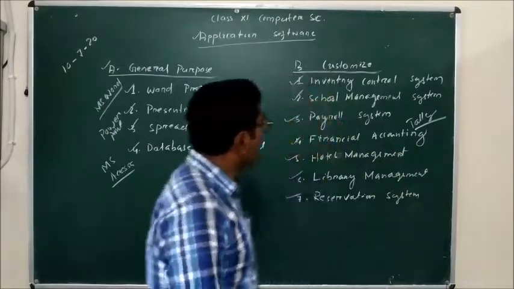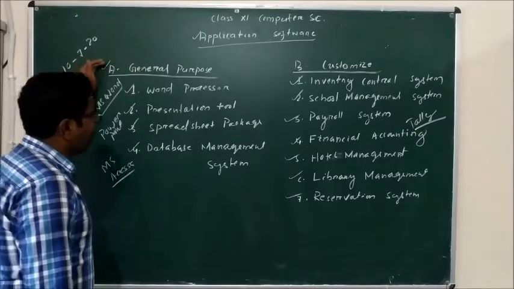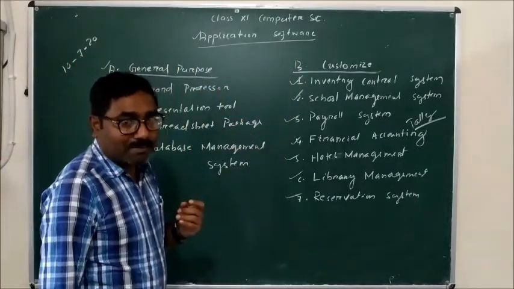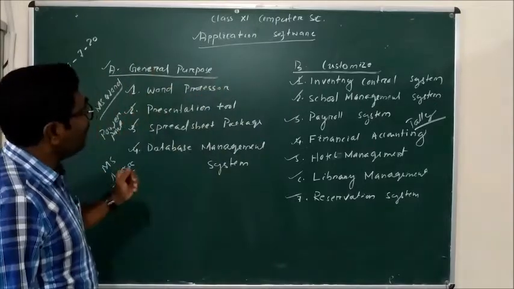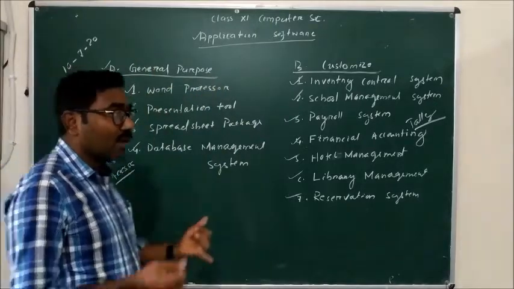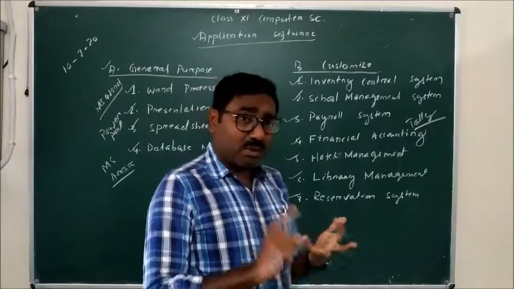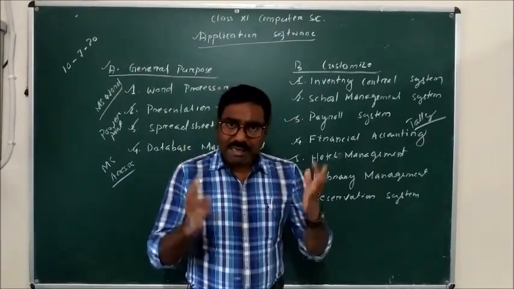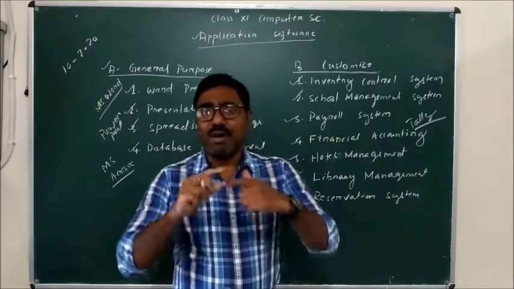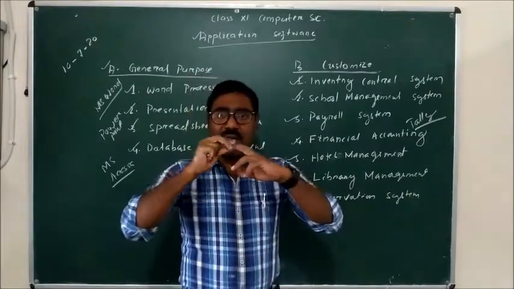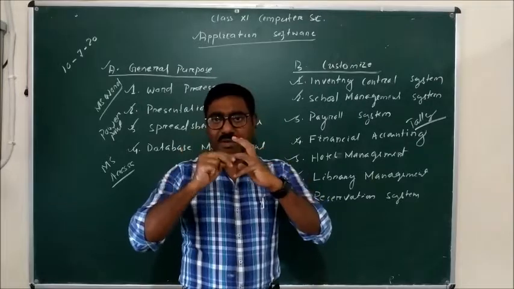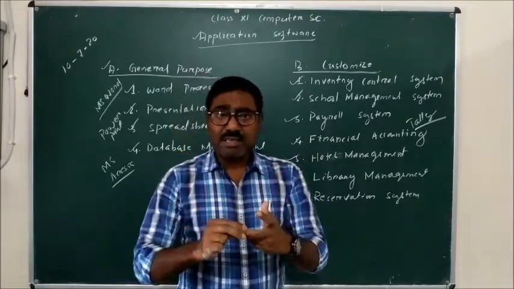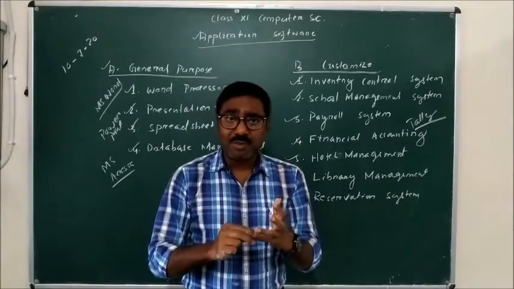So these are the two kinds of application software, the general purpose software and the customized or special purpose software. And this much for this topic, the software concept, in which we have learned about system software, utility software and application software. In case of system software, we have operating system and language processor. In case of utility, we have antivirus, defragmentation, compression and backup utility.